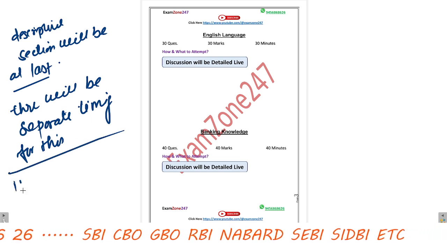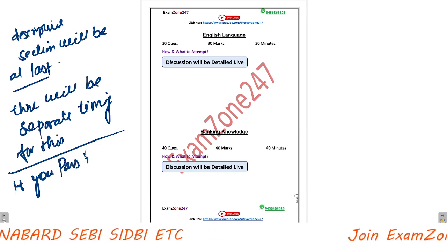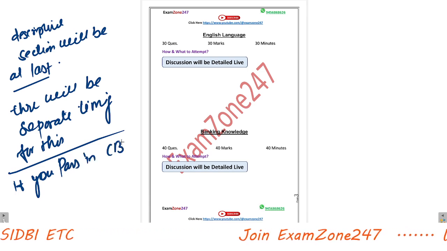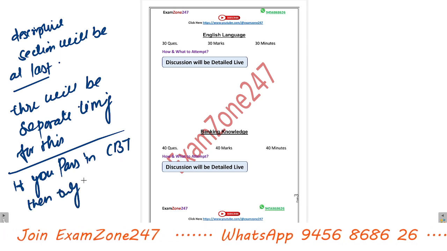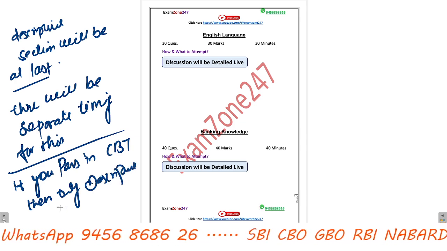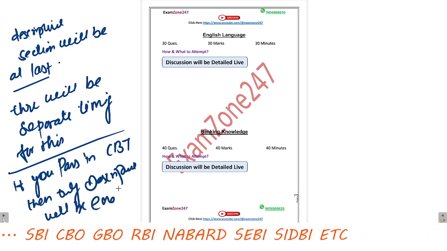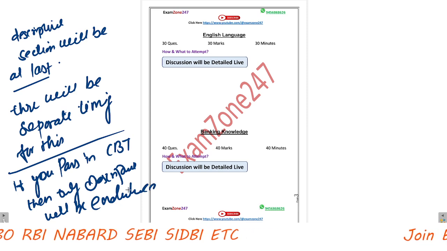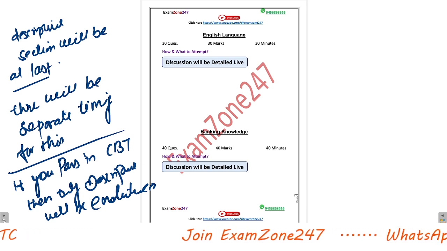Further, if you pass the computer based test, then only the descriptive will be evaluated. If you are not able to pass the exam, it would not be evaluated. This is the guideline. Okay.